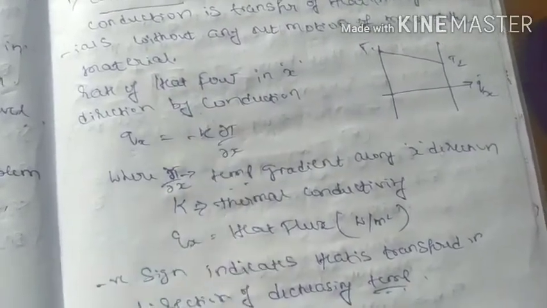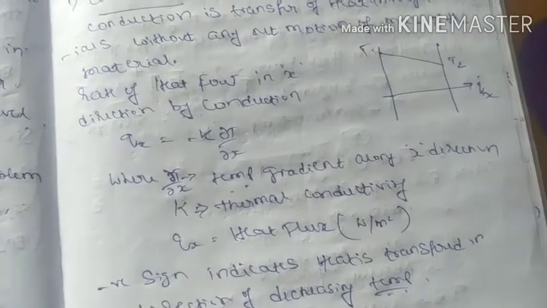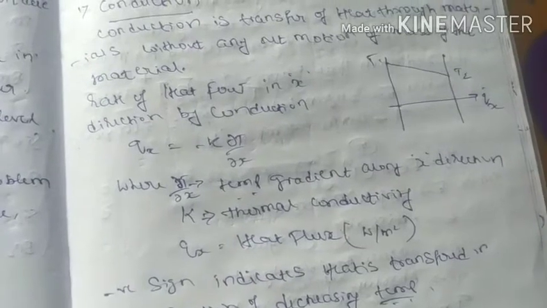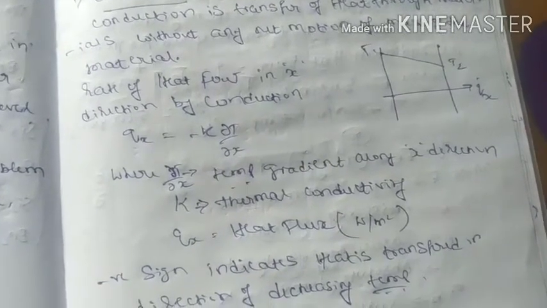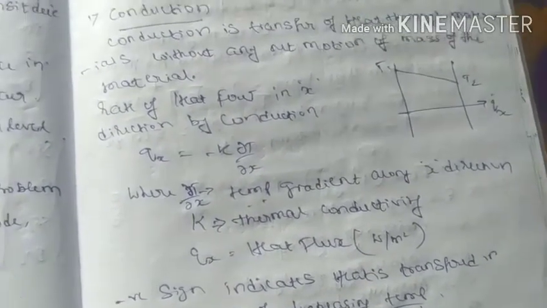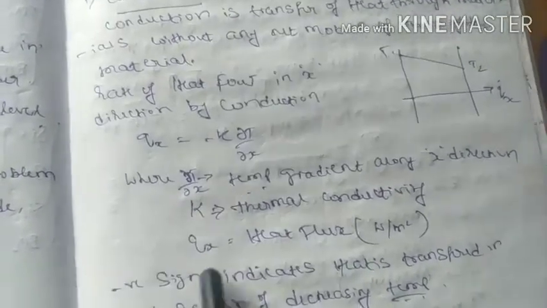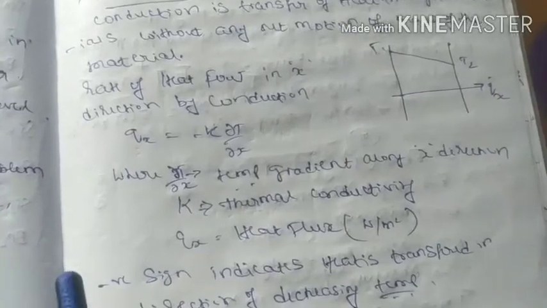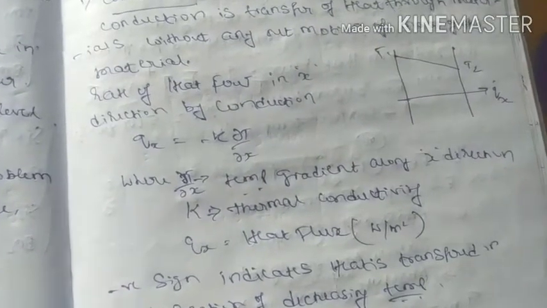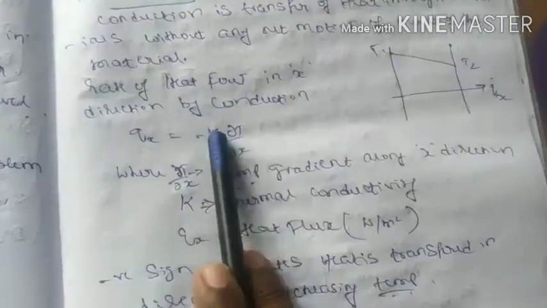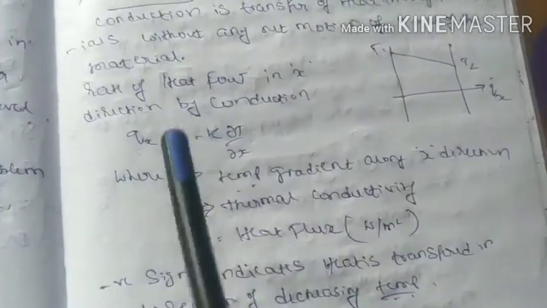For a structural problem, we use material properties, mainly Young's modulus, and in the case of a beam, moment of inertia. The same way here, thermal properties like thermal conductivity and specific heat matter. So this heat flow depends upon K. K is nothing but the thermal conductivity of the material.